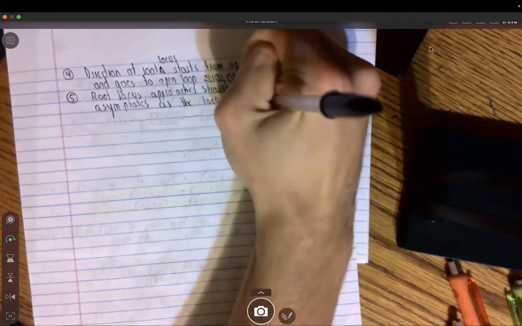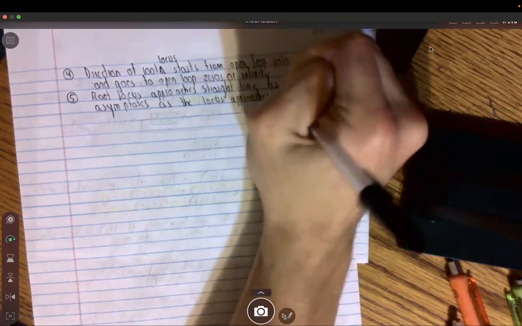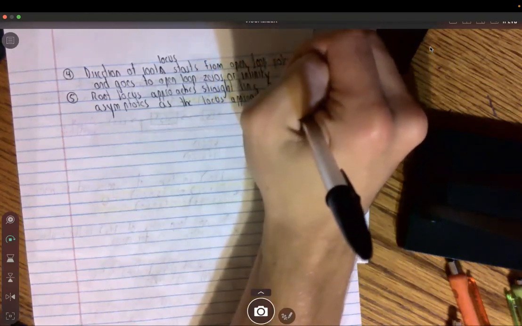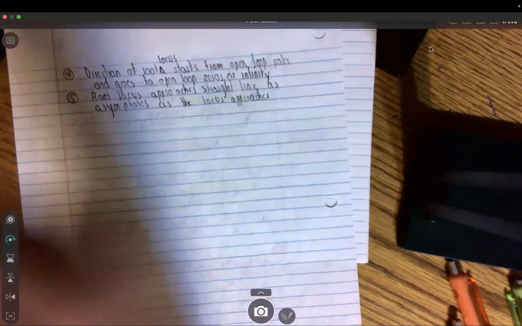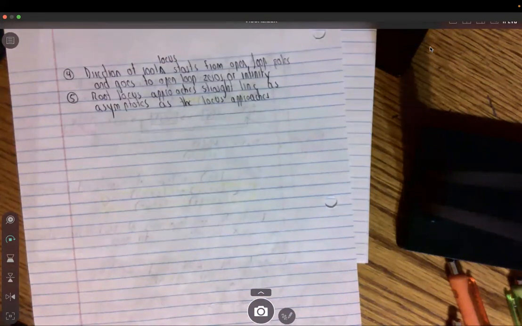And so what we need to look at here is within our root locus, basically, the asymptotes that it approaches as it goes to infinity, say there's not a 0, and that root locus path is going to go towards infinity.